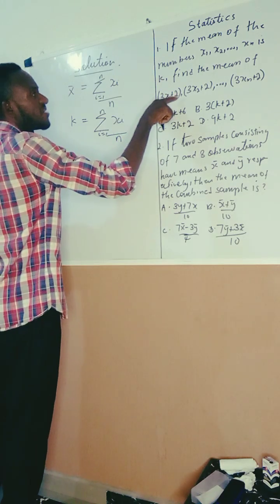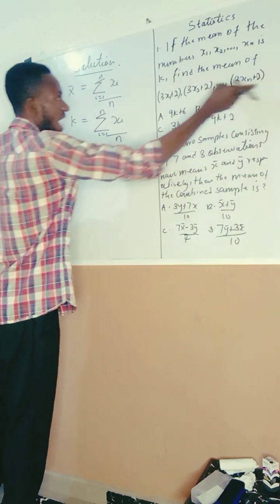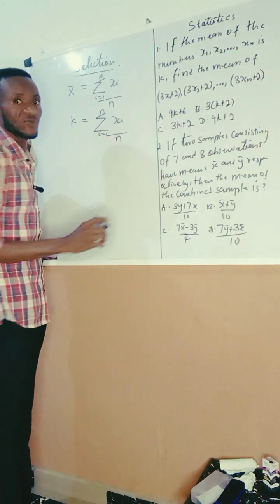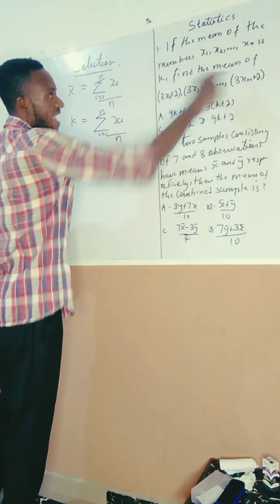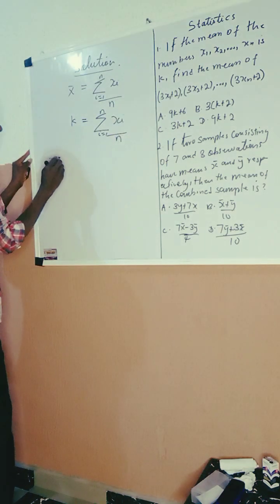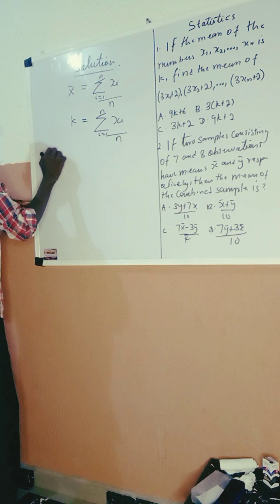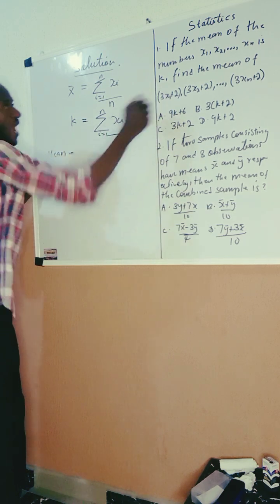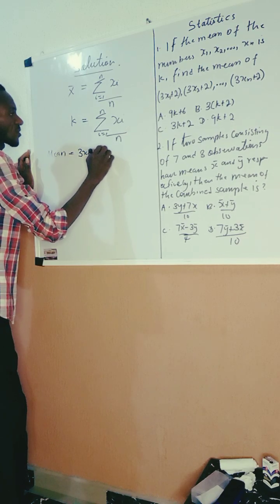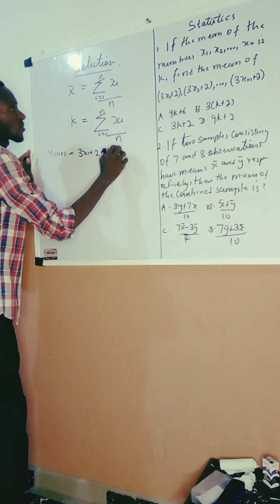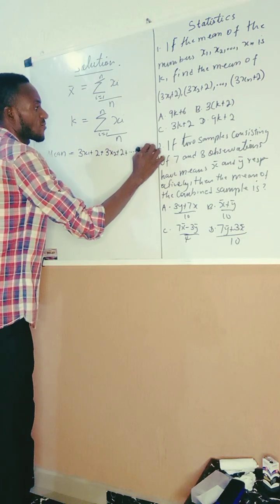So if I equally want to find the mean of these observations, I am going to sum all the observations and divide by n, because there are n observations, which can easily be seen by the subscript of this x here, xn. So I'll write, to find the mean of this, I'll have therefore mean equals 3x1 plus 2 plus 3x2 plus 2 plus 3xn plus 2.